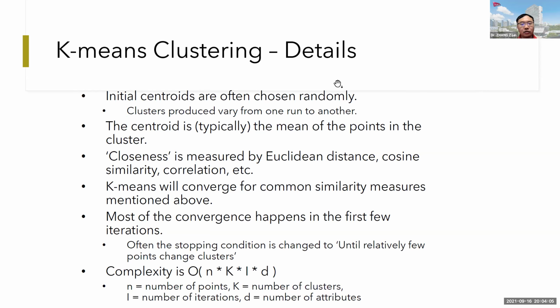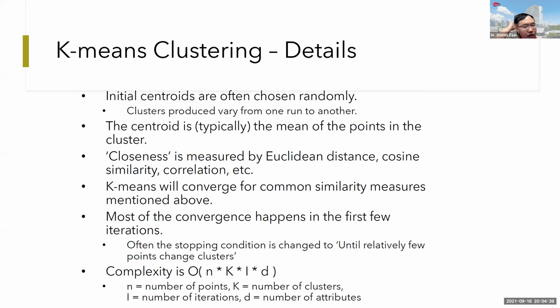So, some of the technical details in K-means clustering implementation. First, we have talked about the centroids can be randomly picked by just using some of the existing data points in the data set. That means given a data set with many data points, we randomly pick k of them as the initial centroids.